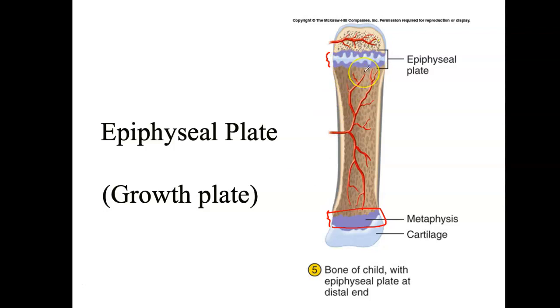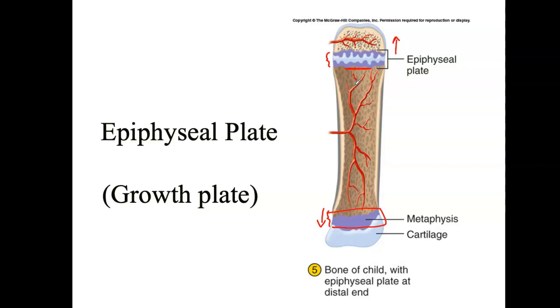So if all of it were to become osteocytes, then there's no location for it to grow. It's a child growing up. So this cartilage here is where more bone is going to be deposited, growing in that direction and growing in this direction and depositing some more bone in this region too. So it is literally the growth plate.